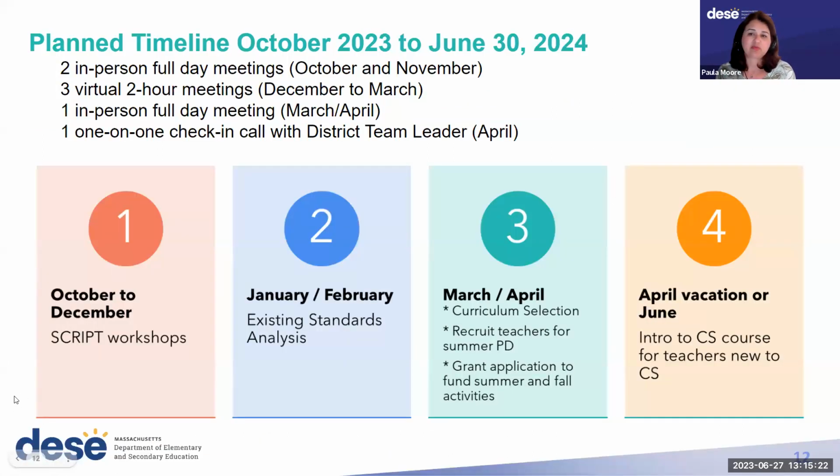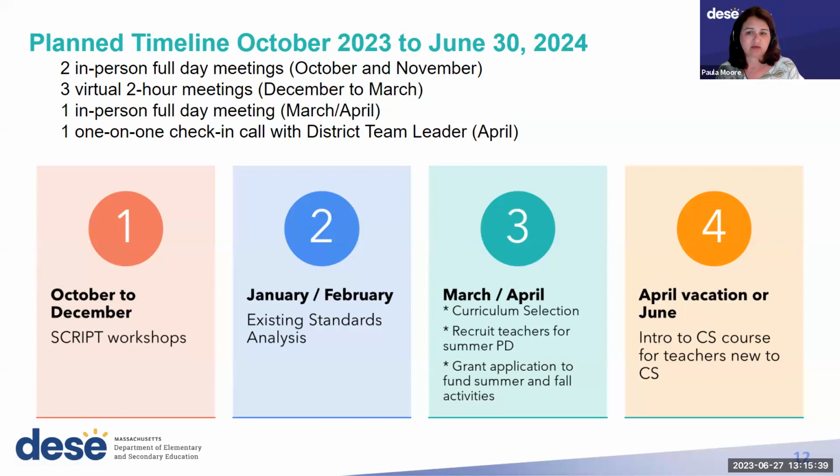So if we look at our planned timeline for this, again, you're applying for a grant to cover you through June 30th of next year. And then there will be a continuation that you can apply for to cover next summer through to the next June.